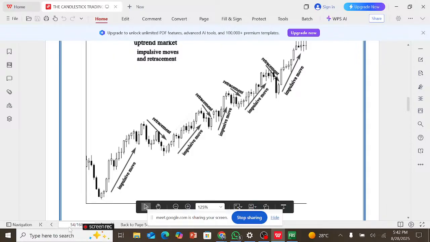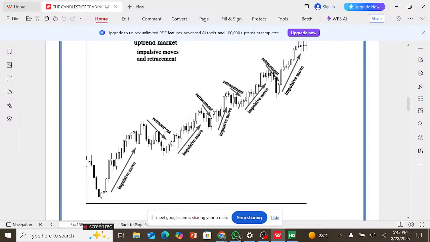First of all, we have the market impulsive move. The market has moved up and it made a retracement. The reason why we call it an uptrend is because the market has made more steps to go up compared to the steps it is making to go down. So what we have here is a retracement.